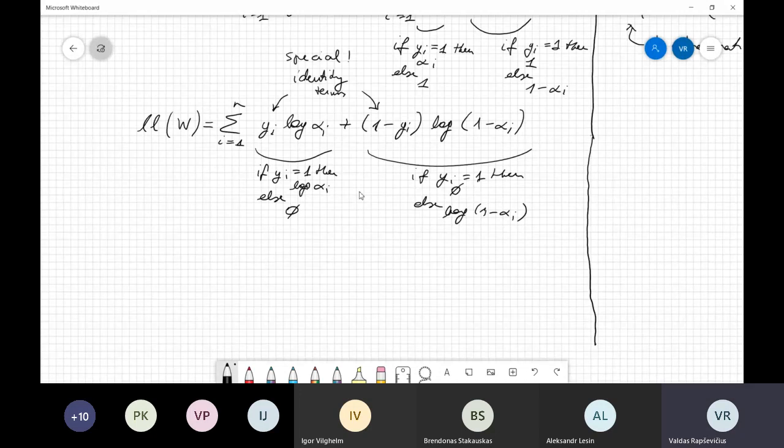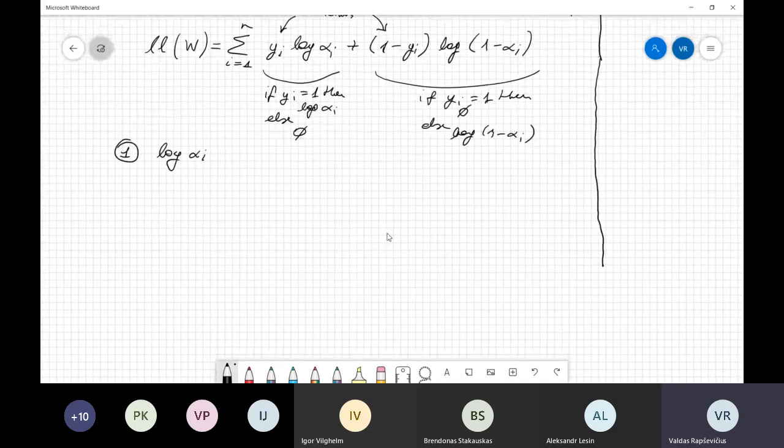Okay, moving forward. Let's take the first thing, which is log alpha i, the logarithm of being in class 1.